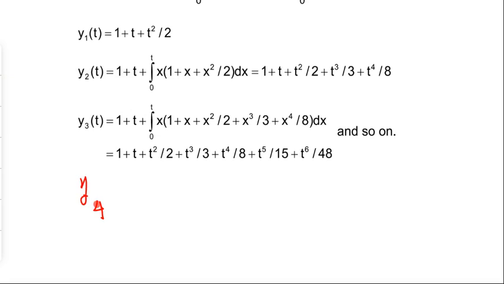Then y4 will be obtained from y3, and finally you must obtain y5 based on y4. This will be the solution of our question.